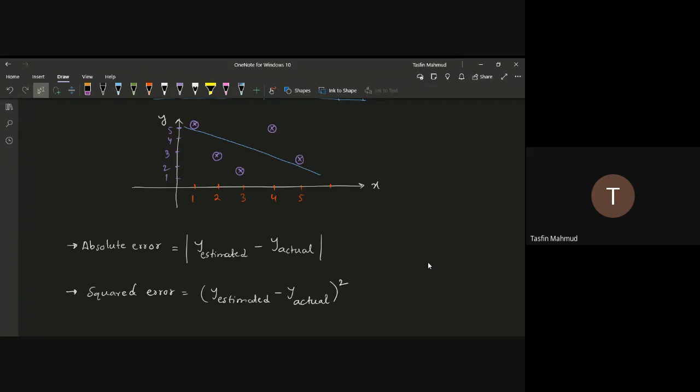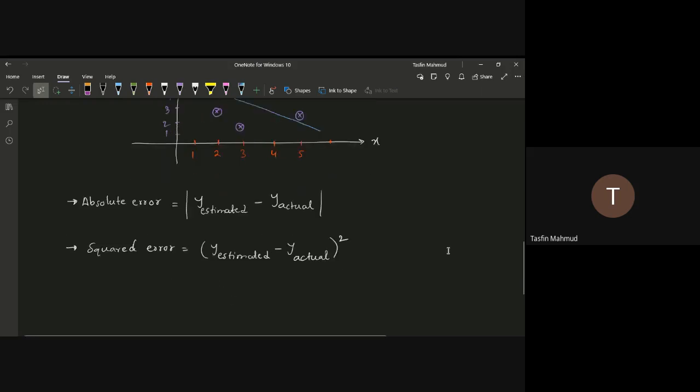From the estimated value we are subtracting the actual value and taking the whole square. And now we will define the mean squared error, MSE. You will hear this term more in your further studies. The technique of mean squared error is a very common technique to determine error for any given curve or any given data point.